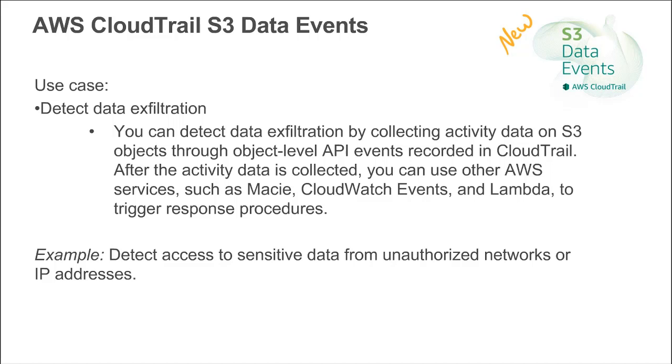After the data is collected, you can then use other AWS services such as CloudWatch Events, Lambda, as well as Macie to trigger appropriate response procedures. For example, you can detect access to sensitive data from unauthorized networks or IP addresses using the CloudTrail S3 data events, and then take corrective action to block those IP addresses' access to your S3 buckets.